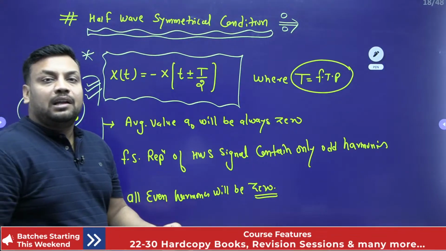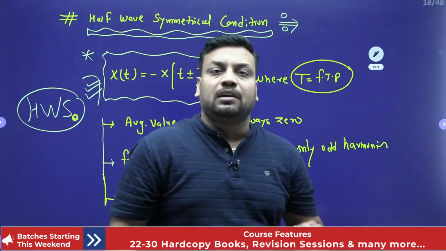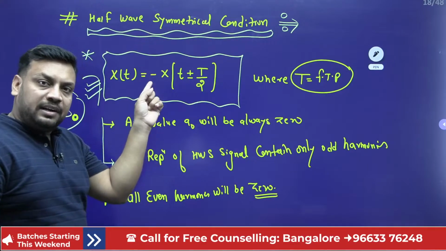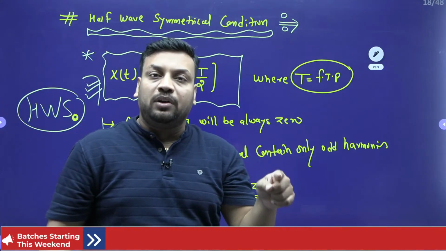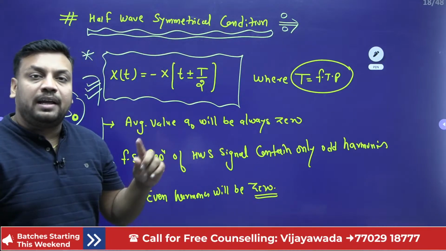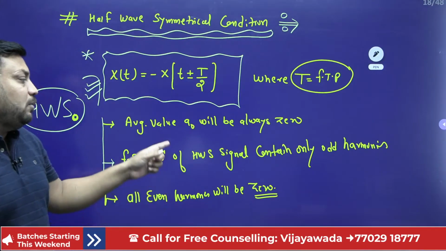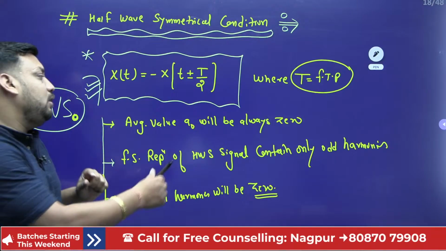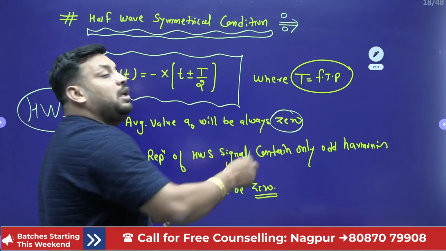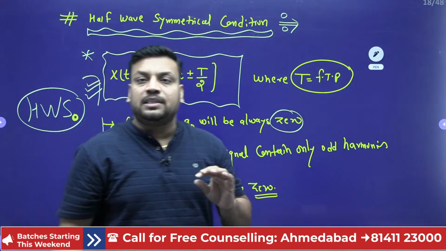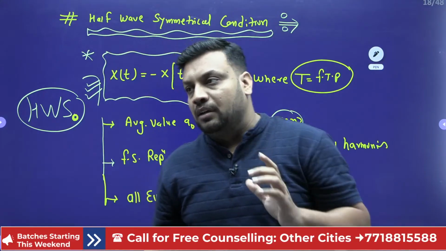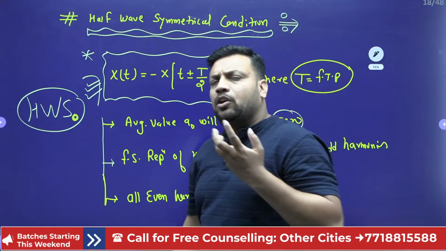If a signal satisfies the HWS condition, then it will contain only odd harmonics. It will not contain any even harmonics. All the even harmonics will become 0, and the average value will also become 0 if the signal is a pure HWS signal. Now, what is the meaning of pure HWS, sir?